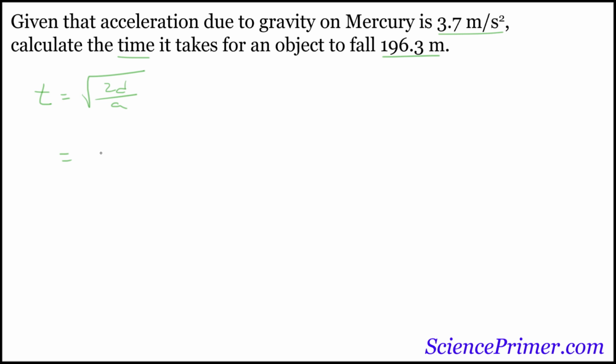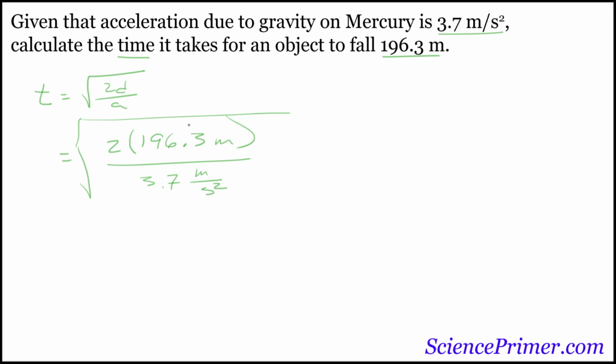Put the numbers in. We have 2 times 196.3 meters over 3.7 meters per second squared, and we take the square root of this whole thing.